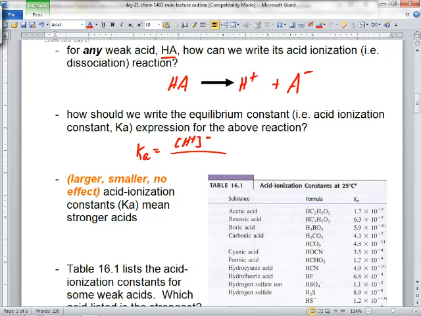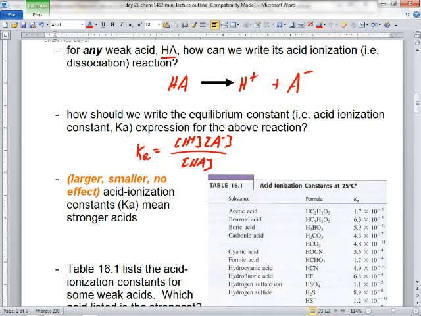Hydrogen ion and A minus. And everybody on the bottom? HA. Yeah. Do we include HA? Only if it's aqueous, right? But we are, right? You just leave out what and what in equilibrium constant expressions. Solids and liquids. So, heck, it's not solid or liquid, so you have to have it.